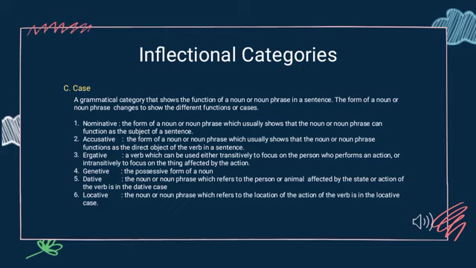The fifth, dative: the noun or noun phrase which refers to the person or animal affected by the state or action of the verb is in the dative case. The last, locative: the noun or noun phrase which refers to the location of the action of the verb is in the locative case.